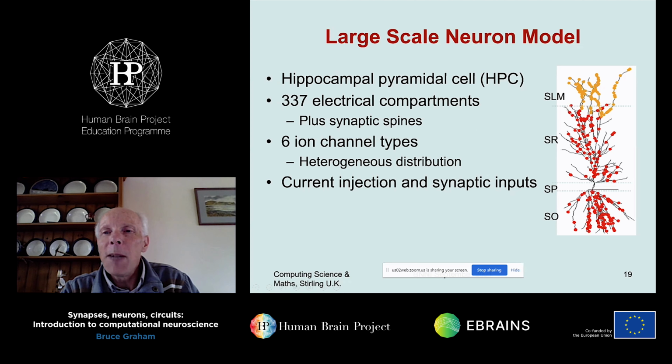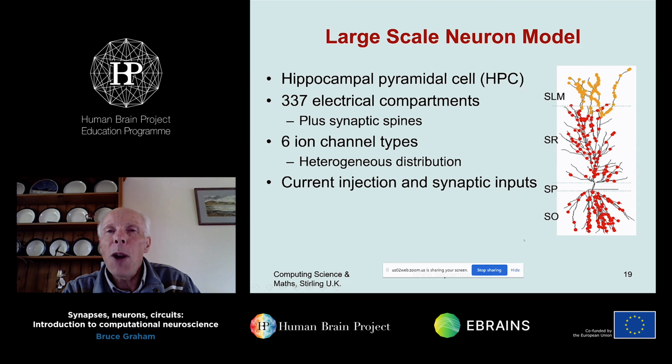One important thing about these sorts of neurons is that the distribution of ion channel types is very typically heterogeneous, by which I mean there are distinct gradients of ion channels across these membranes, across the dendrites.